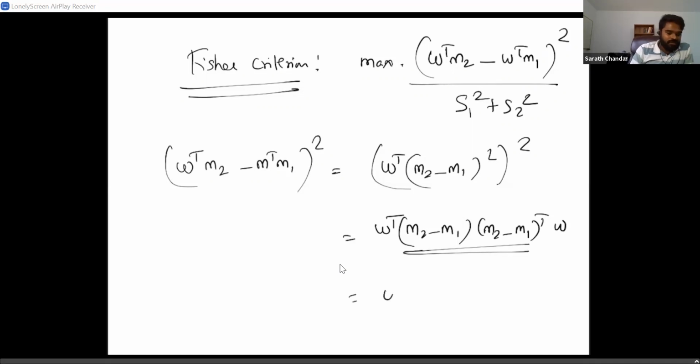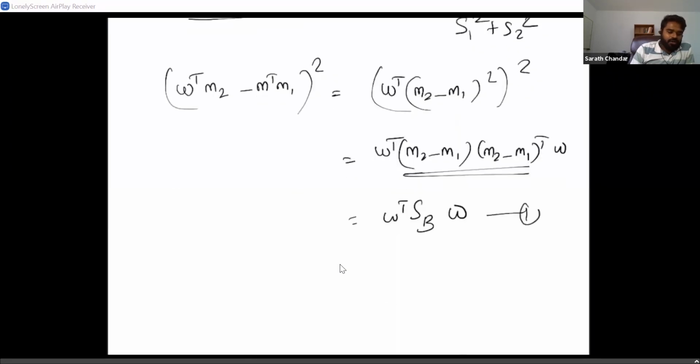So this is given by W transpose SB W. This is the between class covariance.